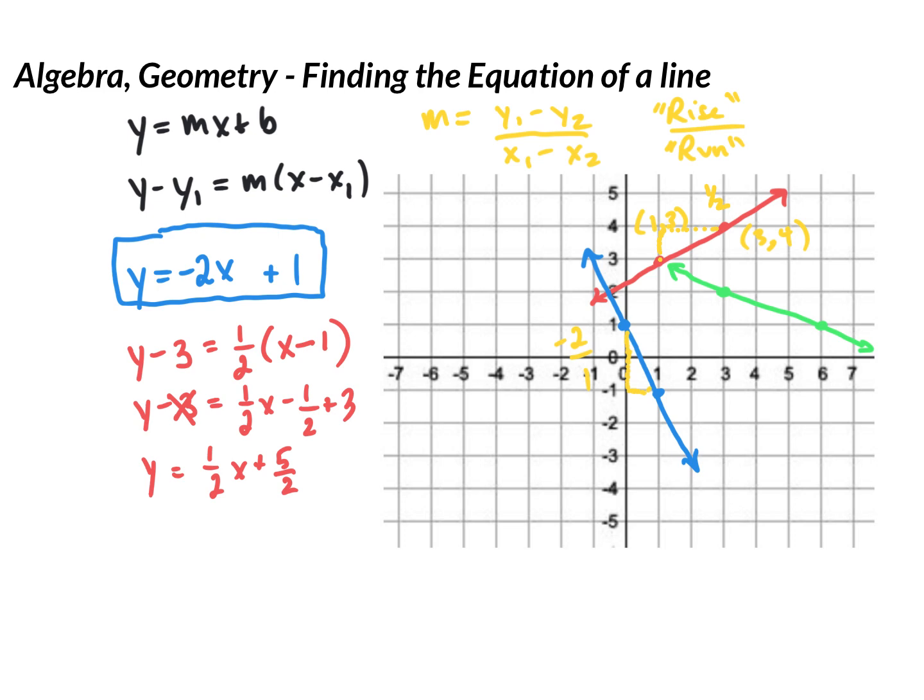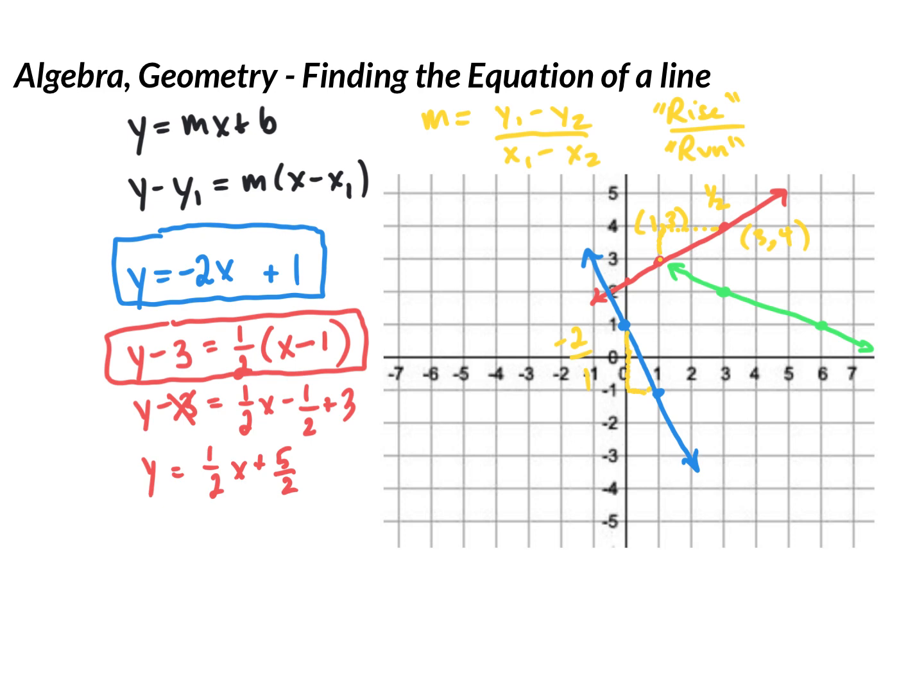And maybe my drawing was a little bit off, but you can see 5 halves is 2.5, so yeah. Again, I would just stop right here. That's the equation of the line. But if you want it in slope-intercept form, you just have to do the algebra: distribute the slope into the parentheses, and then bring that y piece of the coordinate over.